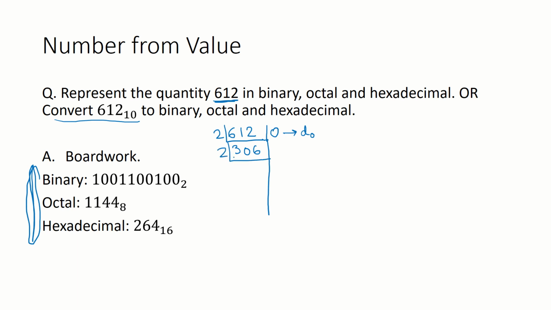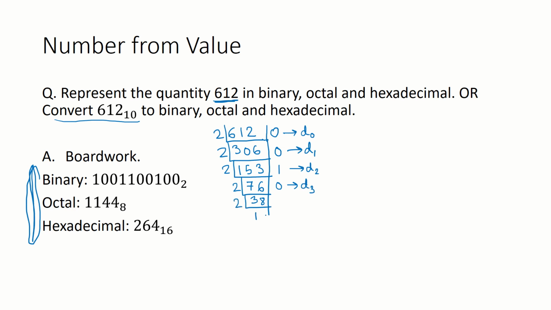Next level division of this quotient: 153, no remainder, this is D1. Then 76, remainder is 1, D2. Again you will get 38, no remainder, this is D3.